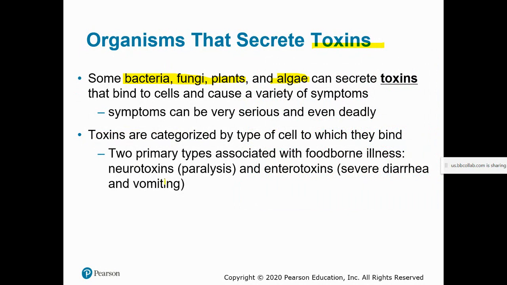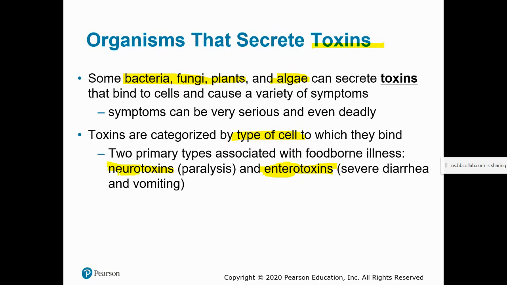We can categorize toxins in two ways. We categorize them by the type of cell, or basically the organ within the body that gets most affected, or organ system. Most commonly we have neurotoxins and enterotoxins. Neurotoxins affect the brain, and enterotoxins affect the gastrointestinal system.